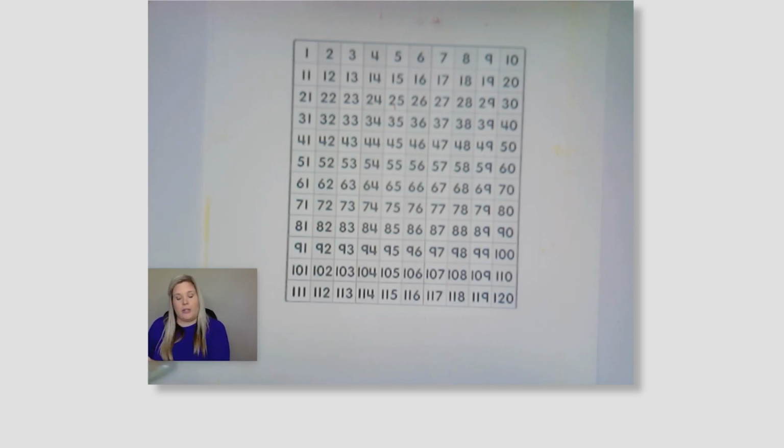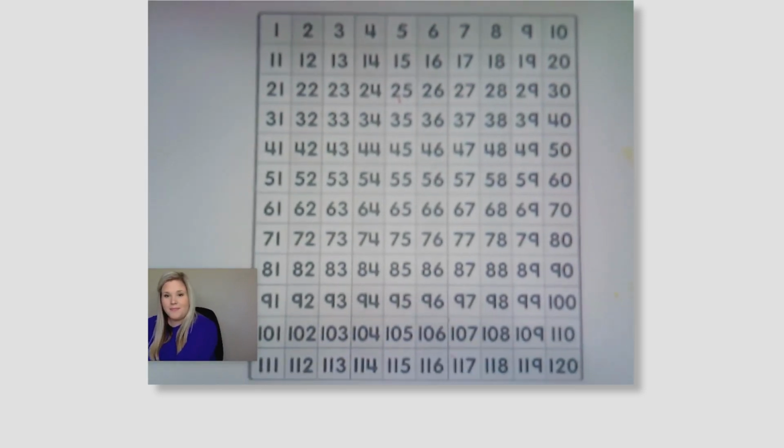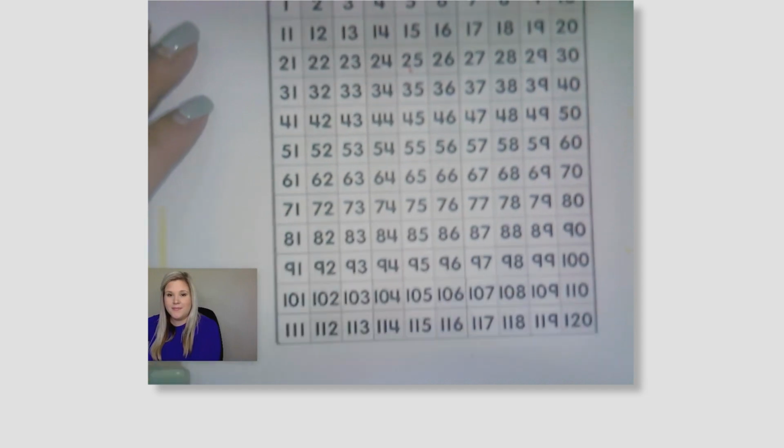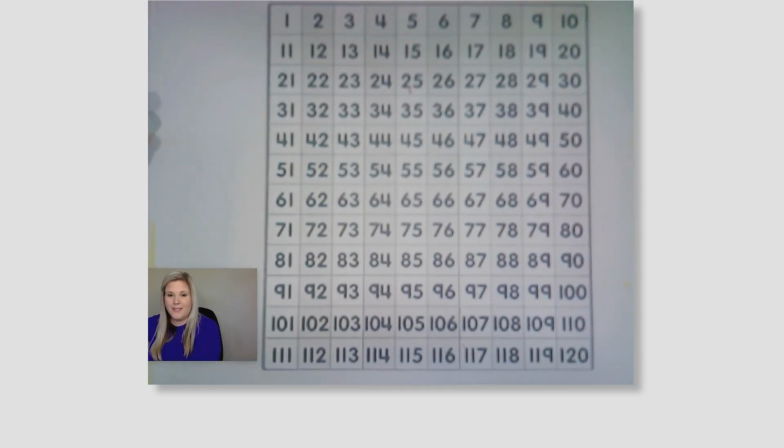Let's go ahead and take a closer look at our 120 chart to find a pattern. Before we can look closer and find patterns, we need to understand what that vocabulary word pattern means.